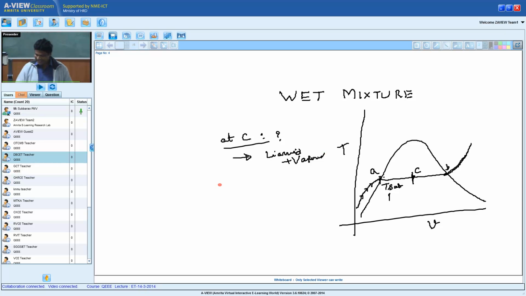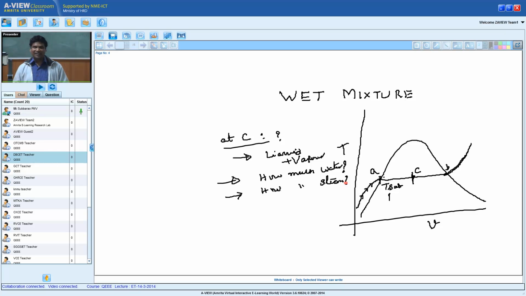Now the question is, how much? How much water and how much steam or vapor? Liquid vapor or water steam, that is, I am using them as synonyms. No question. How much? Will it be a constant or should it always be 0.5, 0.5?